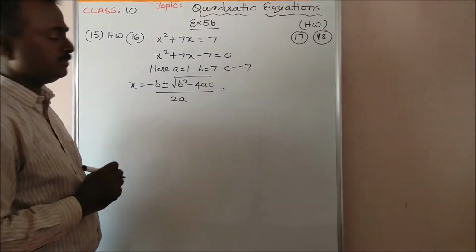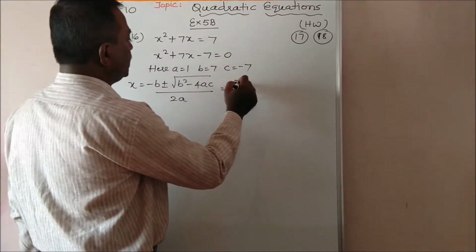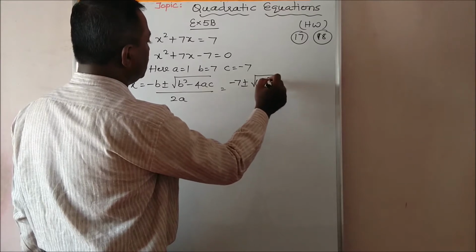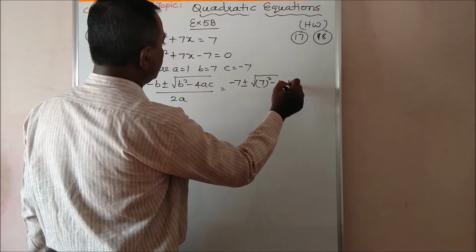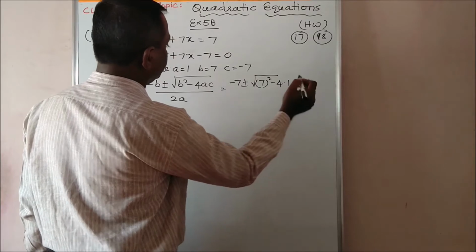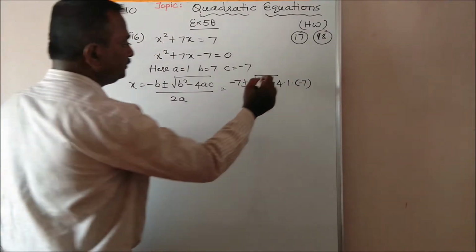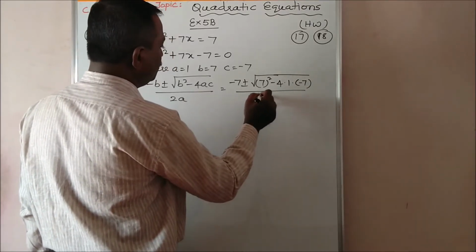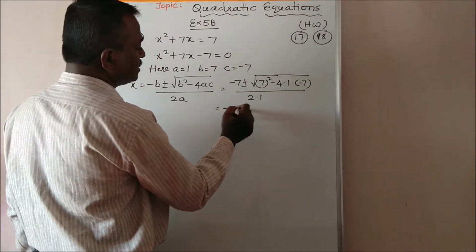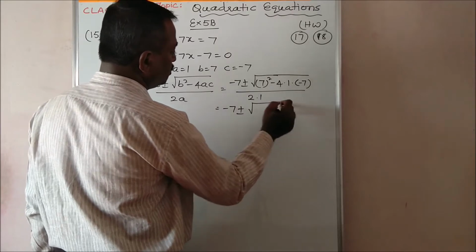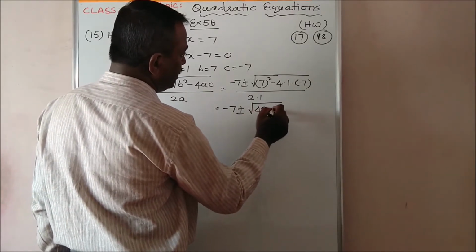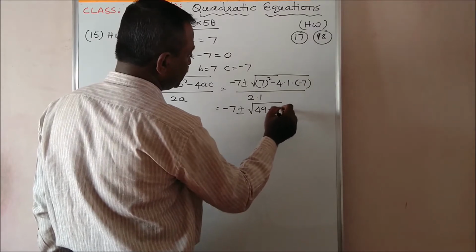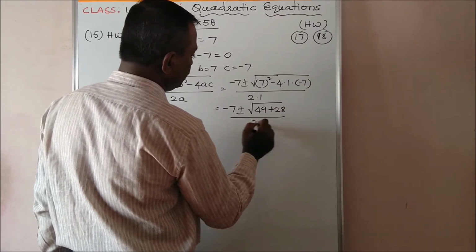Substitute the values. Minus 7 plus or minus root of 7 square minus 4 into 1 into minus 7, correct? By 2 into 1. Minus 7 plus or minus root of 49, minus into minus becomes plus, 7 4s are 28, by 2.